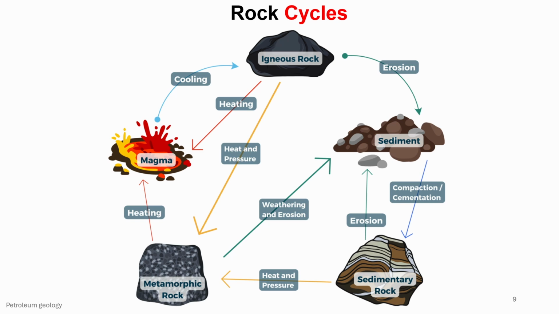Now let us move to the rock cycle. The rock cycle describes how rocks transform between igneous, sedimentary, and metamorphic types over geological time. Igneous rocks form from cooling magma, sedimentary rocks form from deposited sediments, and metamorphic rocks form when pre-existing rocks are altered by heat and pressure.